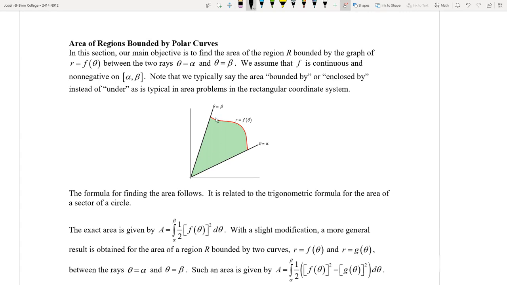So the bounding is actually going to be from the curve to the pole, bounded by our 2 rays coming out of the pole. And so all of our approximation shapes will actually be rays coming out, and our approximations will look like sectors of a circle.